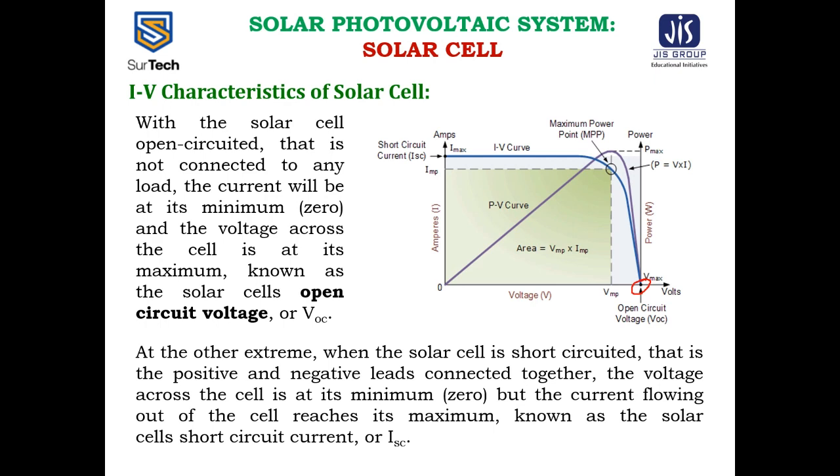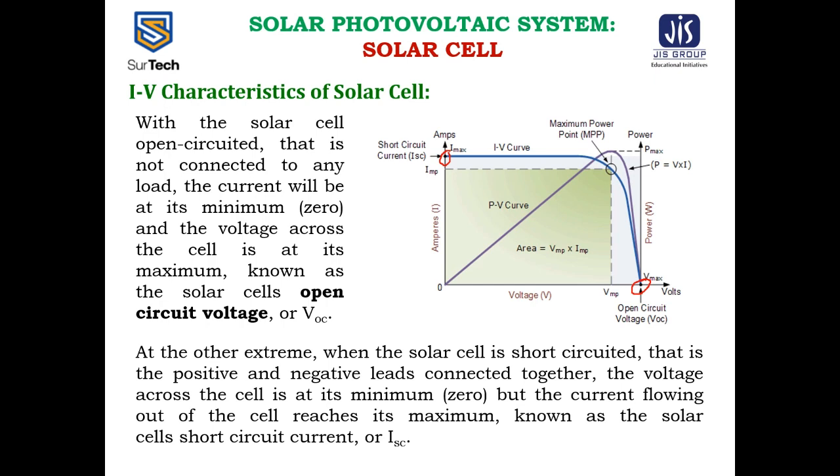At the other extreme point, when the solar cell is short circuited, that is the positive and the negative leads connected together, the voltage across the cell is at its minimum and the current flowing out of the cell reaches its maximum value, that is Imax.